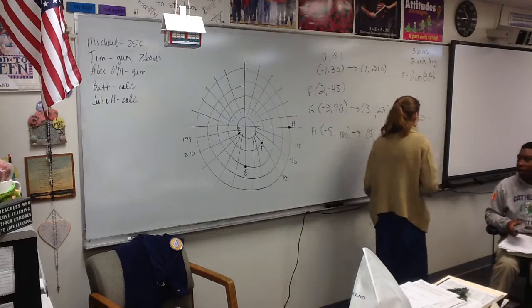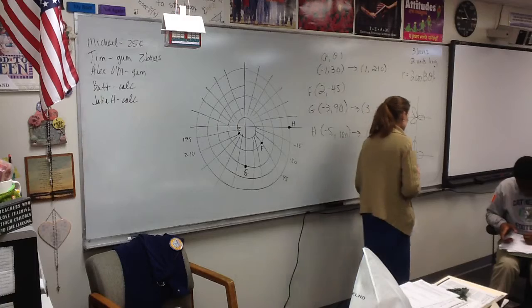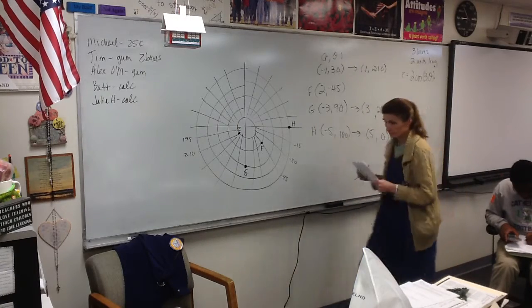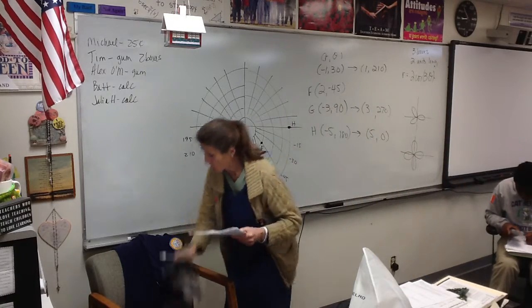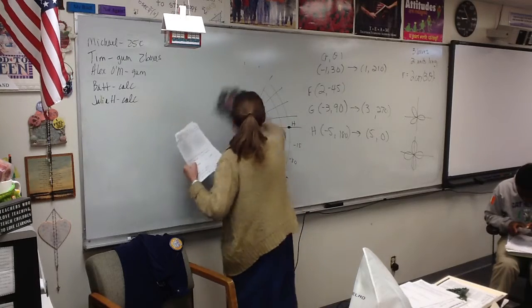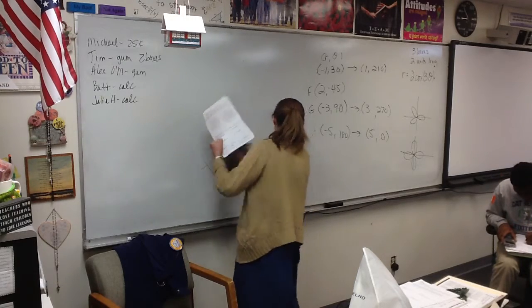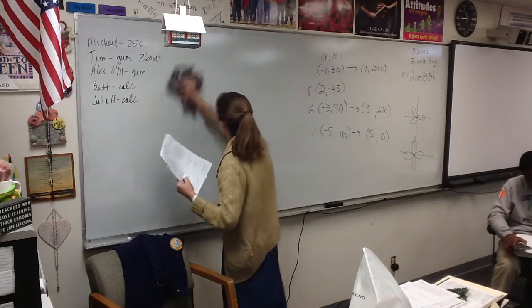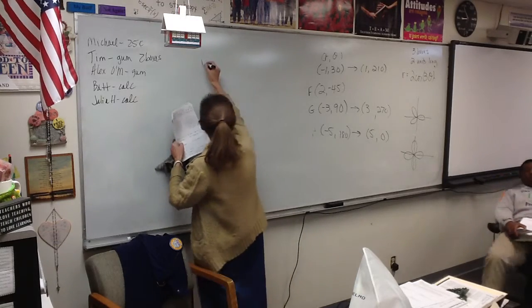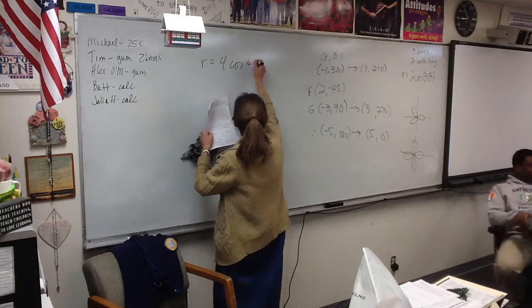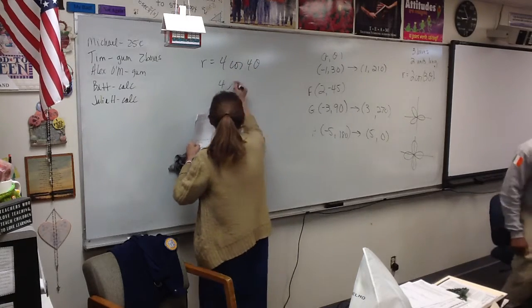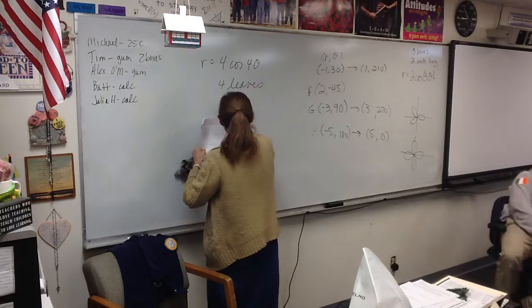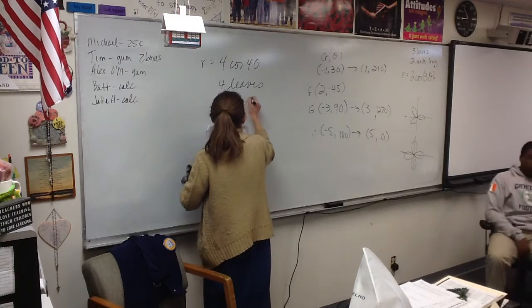I like the way it swirls around. So for this equation, 4 cosine 2 theta, you got a rose. How many leaves? 4. And how long are they, do you think? 4 units. 4 units long, very good.